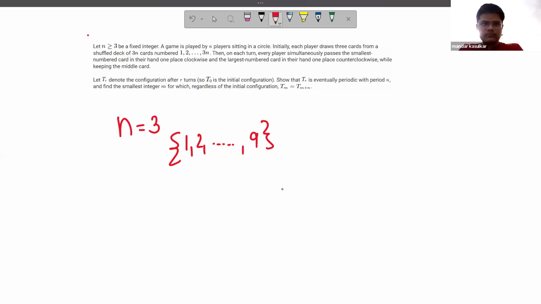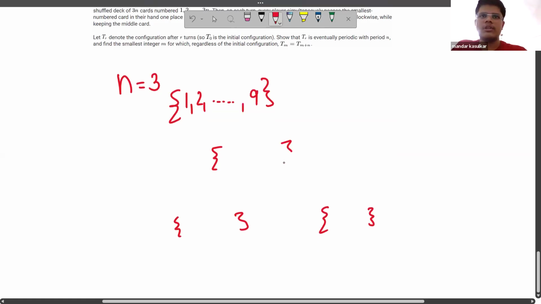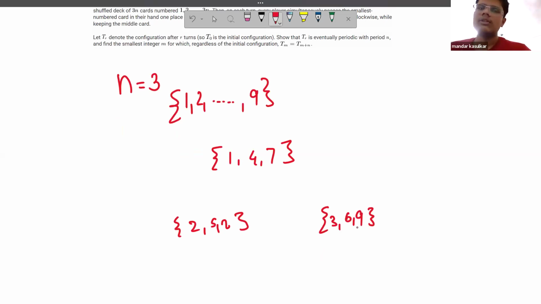Oh yes. Okay, see this. Say that you have 3 guys. Instead of writing the guys, I'll simply write the numbers they have. This guy has 1, 4, 7. This guy has 2, 5, 8. This guy has 3, 6, 9.